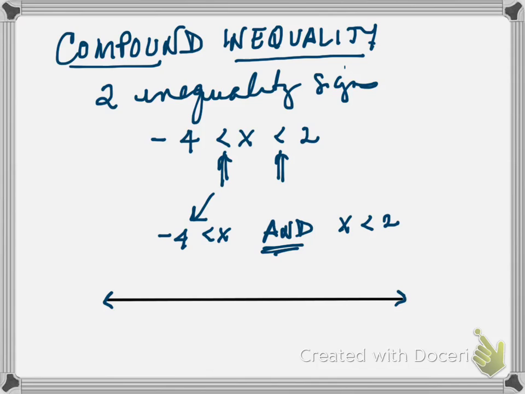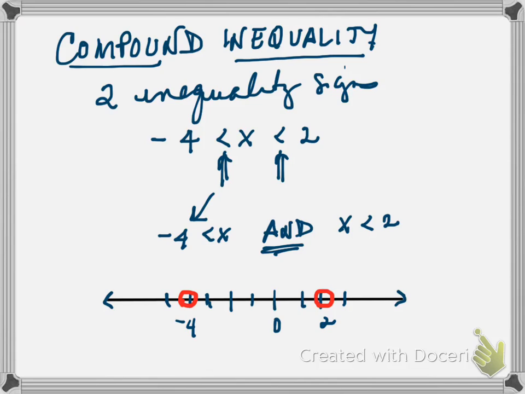You're going to need negative 4 and 2 on your number line. So here's 0. As far as points go, you need open circles. Neither one of these has an equal to sign. So you're going to put an open circle at 2, and you'll put an open circle at negative 4.